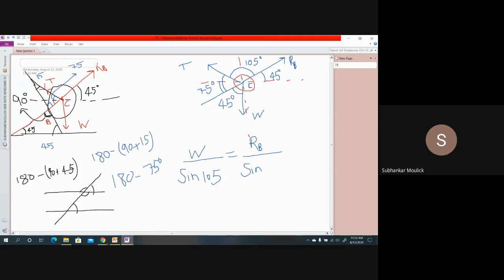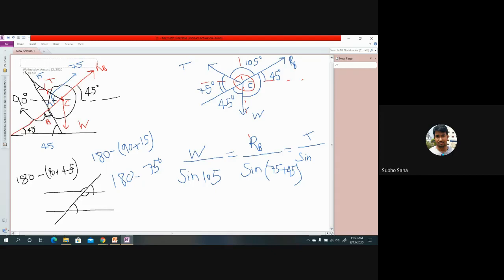So it will be sine of 75 plus 45, which is equal to tension T divided by the sine of the angle between the opposite forces. Opposite to T is W and RB, and the angle between RB and W is this angle.